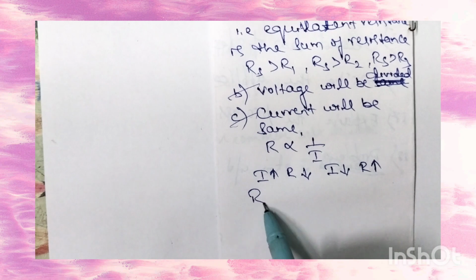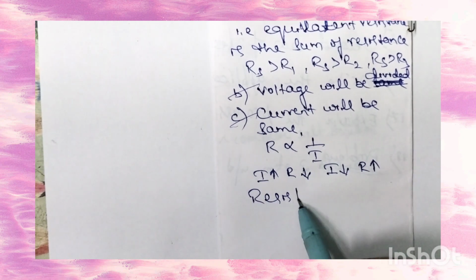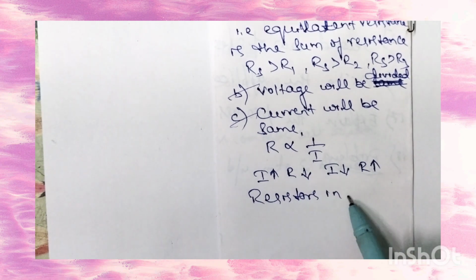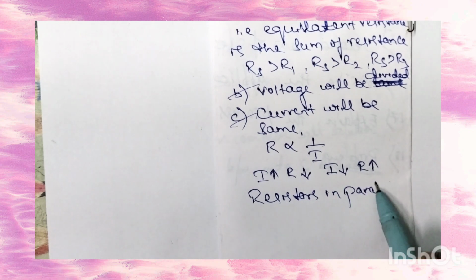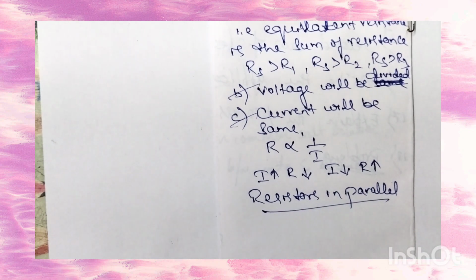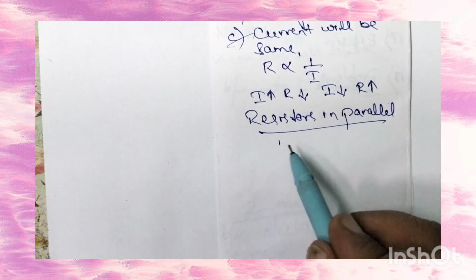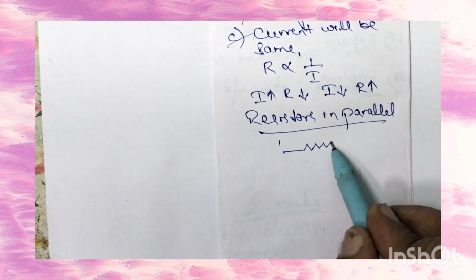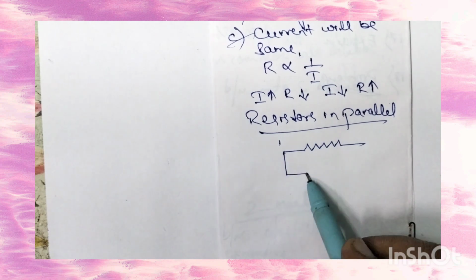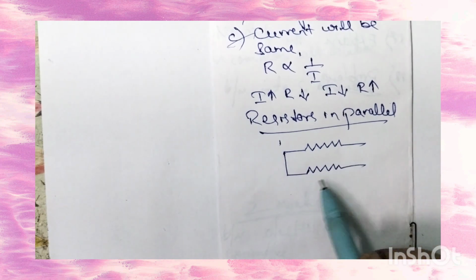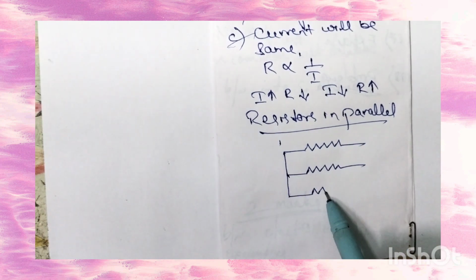This is resistors in series. Now let us look at resistors in parallel. When the resistors are connected in parallel, let us connect them in parallel. So this is R1, this is R2, and this is R3.